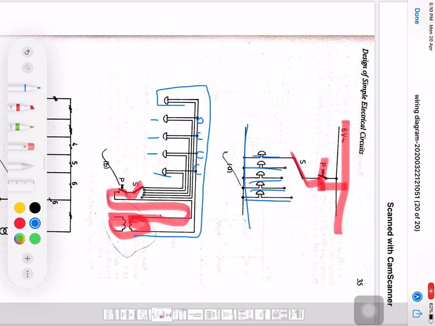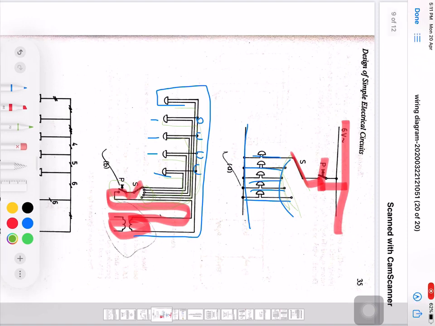Now these 5 segments will be tapped with the help of the switch. So these are those 5 segments which are being connected with their respective bells, and whatever the signal is given by the push button, the switch will be actuated in that particular manner.